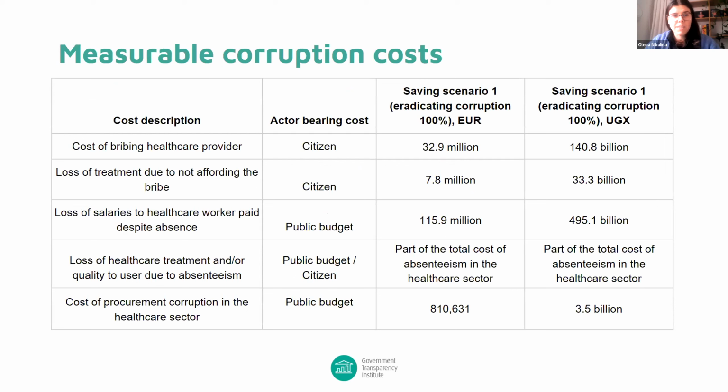This table shows us a breakdown of costs by main categories. The largest category is loss of salaries to healthcare workers paid despite their absence. That's mainly a cost for the public budget in the form of wages that were paid, but workers didn't really show up at work.